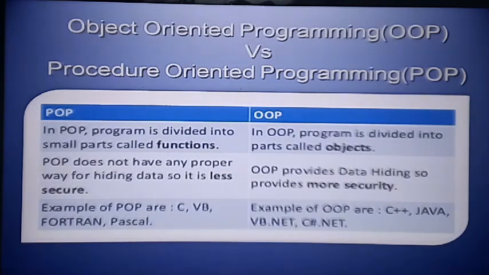Because it uses encapsulation and strict rules also. Here are some examples of POP: C, Visual Basic, Fortran, Pascal. And examples of OOPS: C++, Java, VB.NET, C Sharp, ASP.NET, Oracle, Python, Perl, so many languages.